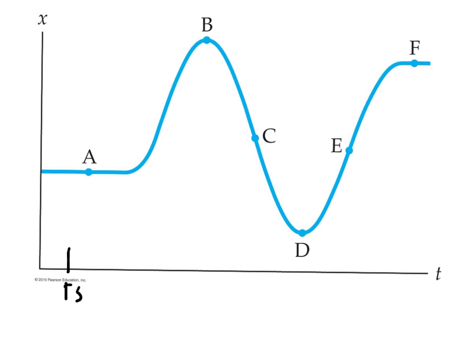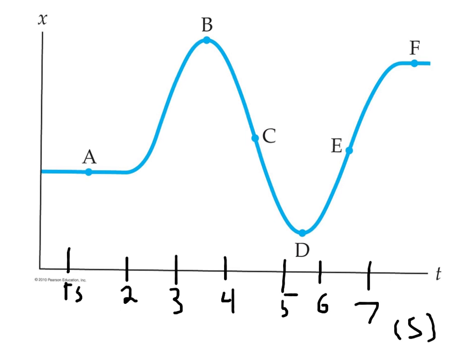Let's call this 1 second, and 2, and 3, and 4, and 5, and 6, and 7, and we'll know those are all in seconds. Let's say I asked you to find the instantaneous acceleration. Nope, I keep doing that. Let's say I asked you to find the instantaneous velocity at 4 seconds.